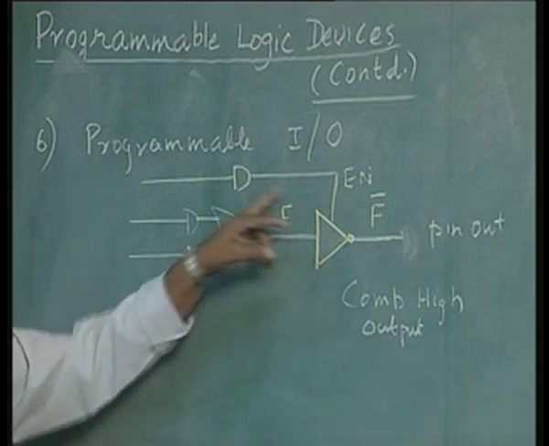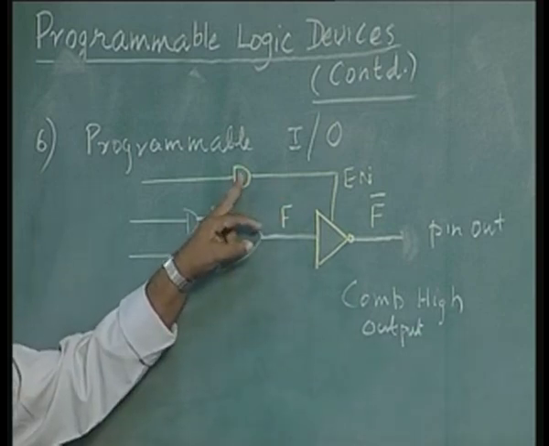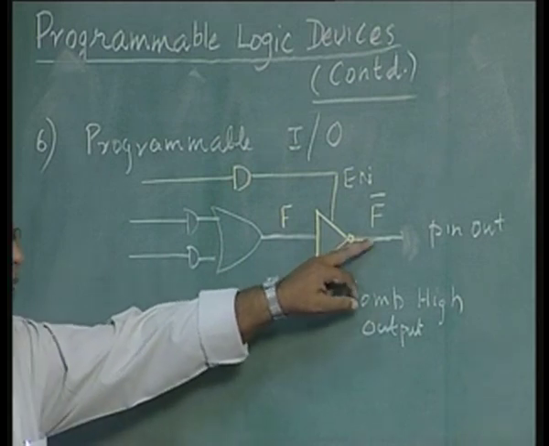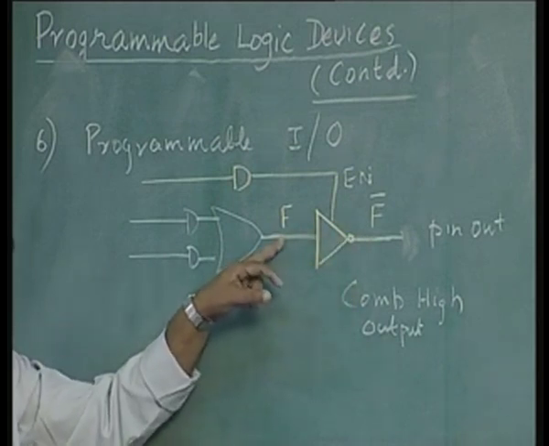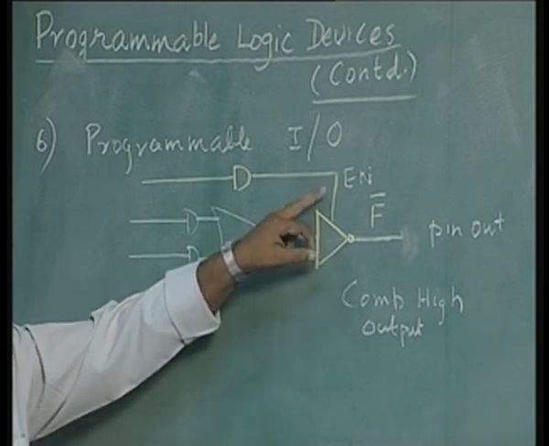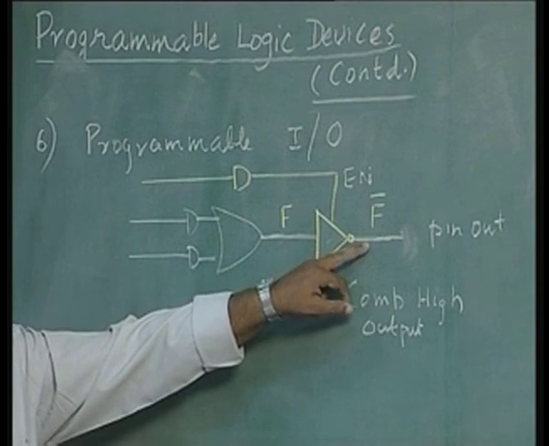If you disable it, on the other hand, so that this is disabled, there is nothing here, even though there is a function f here. The output of a gate which is disabled is a tri-state output, a high impedance output.